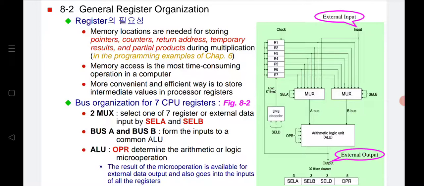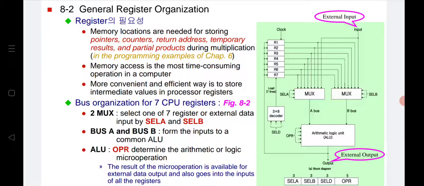The multiplexer takes any of these register values and gives it to the ALU. The ALU performs the arithmetic and logical operation based upon the instruction we have given, and at last you get the external output.